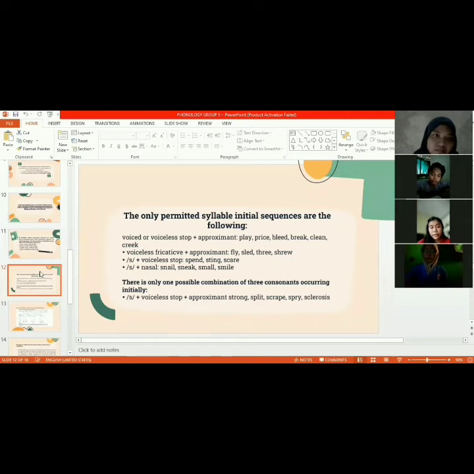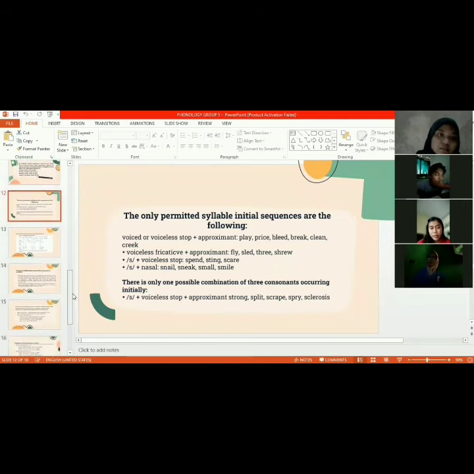Voiceless fricative plus approximant: fly, slate, tree, through. S plus voiceless stop: spin, sting, scare. S plus nasal: snail, snake, smile.